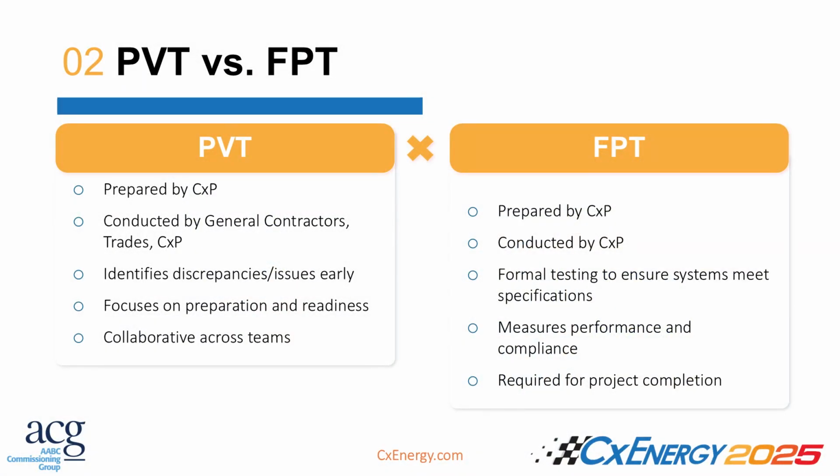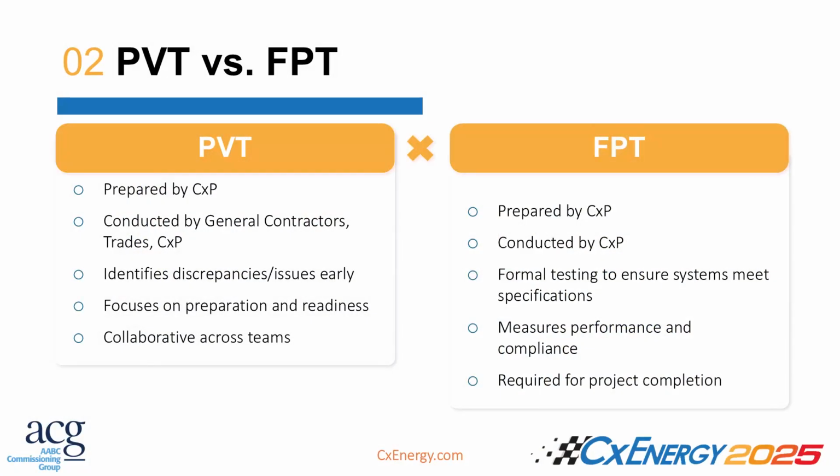So Alex started talking about the difference between the pre-verification test and the functional performance test. The pre-verification test is prepared by the commissioning agent, but it's not run by them, because everybody knows on the project, commissioning is the last 2 weeks of the project, right? It's a big block at the end, and that's it. So the idea of this test is to run it through its paces as if it was the commissioning agent, but there's no consequences.